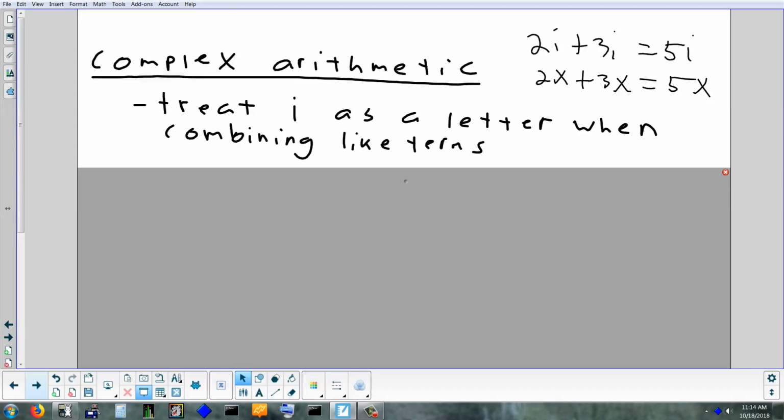And if you're thinking, well, what do you mean treat i like a letter? Isn't i already a letter? No. i is not a letter in math. If you think i is a letter, that's like saying this is a letter. That's not a letter in math. That is a Greek letter, but in math it stands for the number 3.14, and it keeps going.